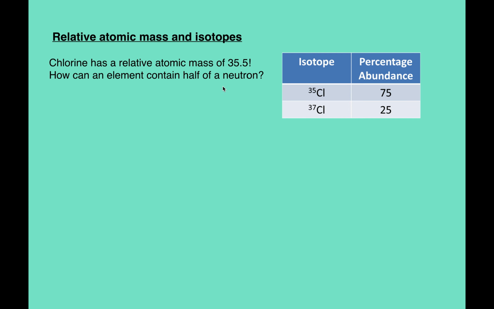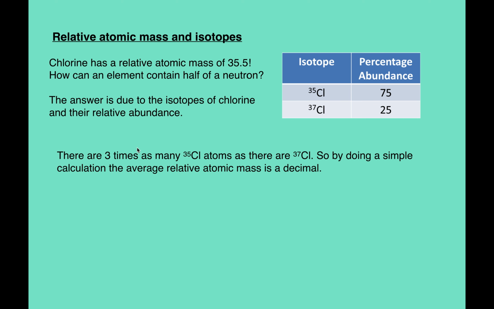Remember that. It's to do with the average. So there's a relative abundance here, and we have to use some kind of mathematical construct to get the answer for the relative mass of chlorine. So there are 3 times as many chlorine-35s as 37.